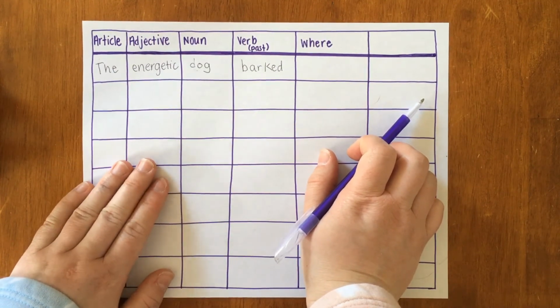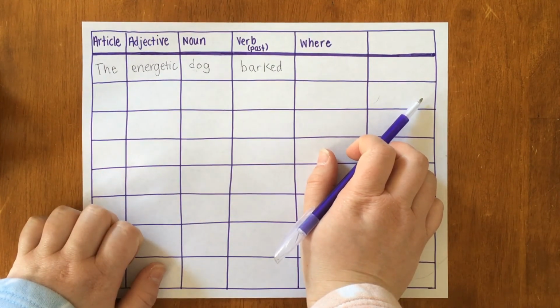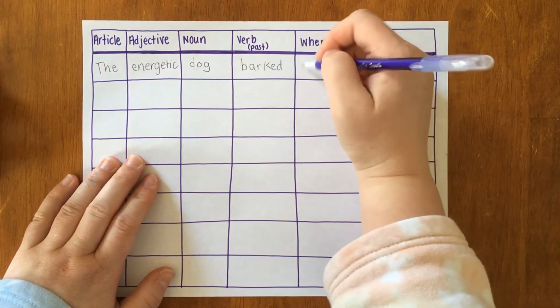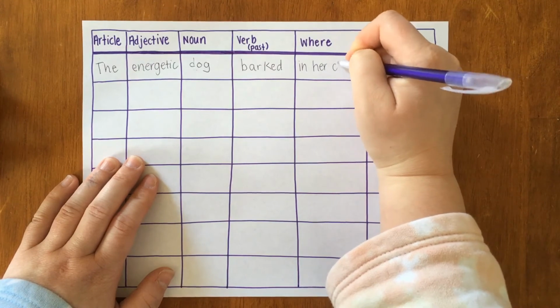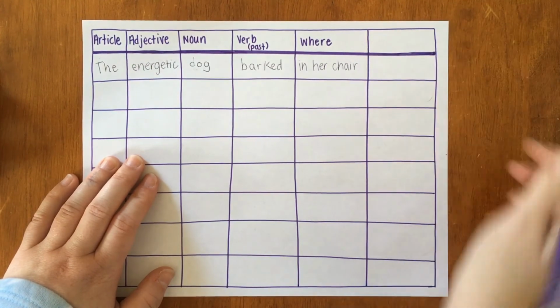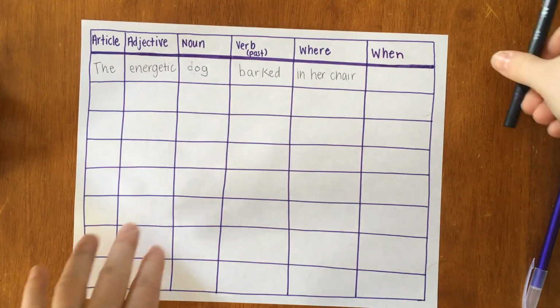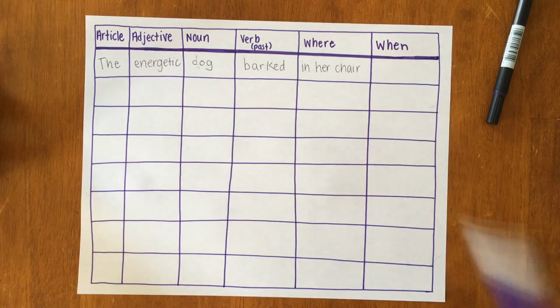She usually sits in a chair near the window. So I'll say barked in her chair. If I think back to this morning, when was she barking in her chair? I could say it was around 10 a.m. I could tell you it was on Thursday.